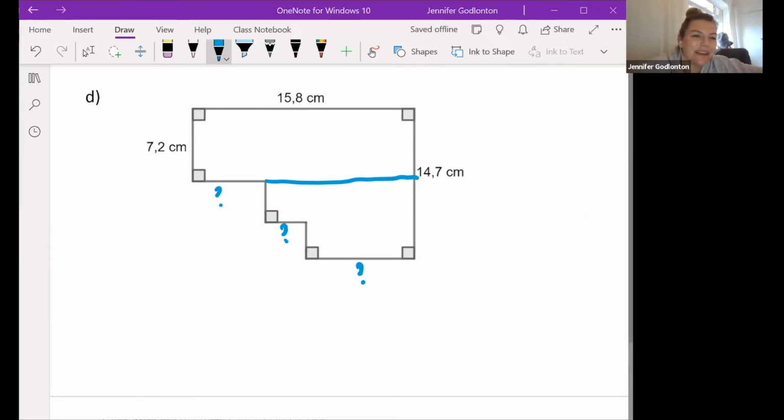Let's see if someone can come and rescue you. Jasmine, do you think you can rescue Fatu in this situation? Maybe. Okay. What's your suggestion? My suggestion is on the first step, opposite 7.2, put a line over there.